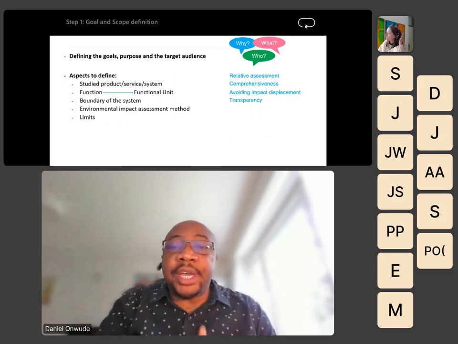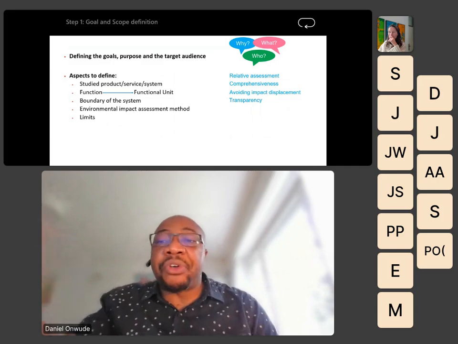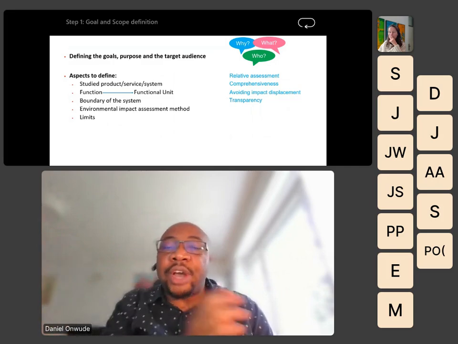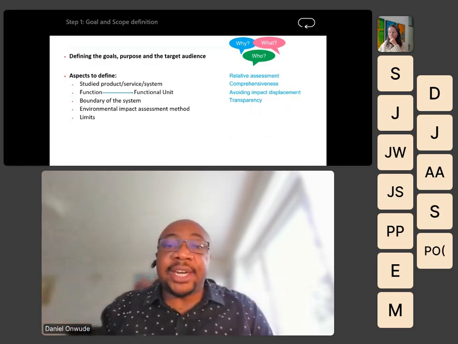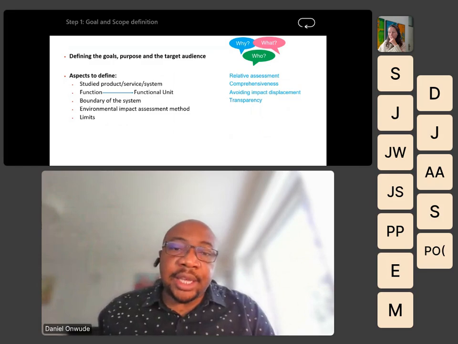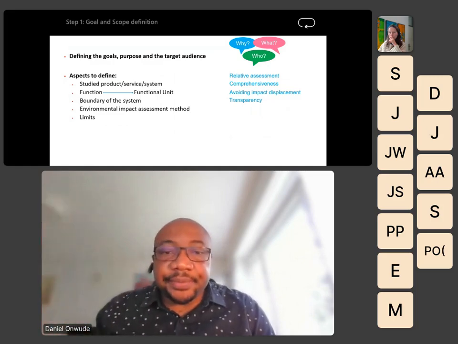Or you could say, the environmental impact of storing 1 kilogram of orange, or serving 1 kilogram of salad. So you have to define the functional unit very clearly, because that would guide you as to the data you want to collect, and also the characterization factor, which we're going to talk about later.